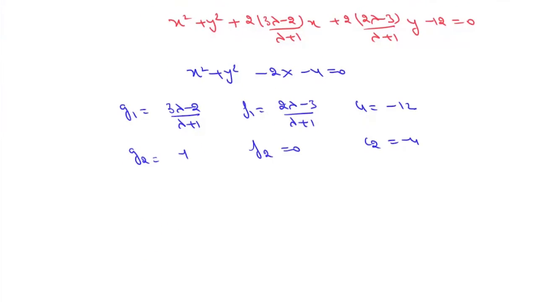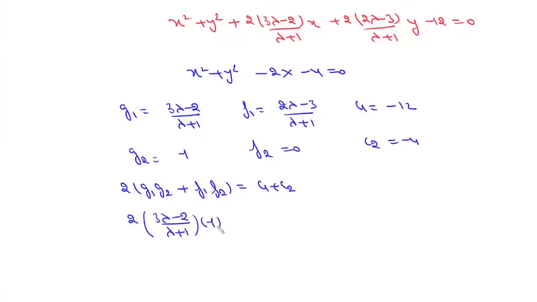Now we know that the condition of orthogonality is 2 times G1 G2 plus F1 F2 must be equal to C1 plus C2. So it will be 2 and G1 G2 is 3 lambda minus 2 upon lambda plus 1 into minus 1, and this F1 F2 is 0, and this is equal to C1 plus C2, which is minus 16.